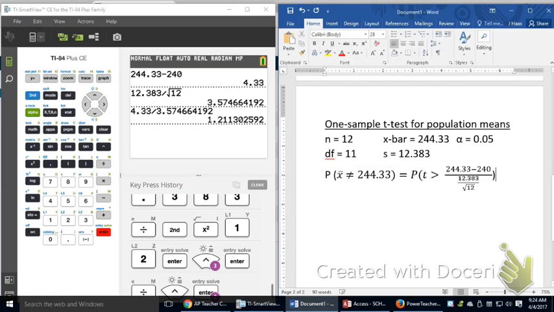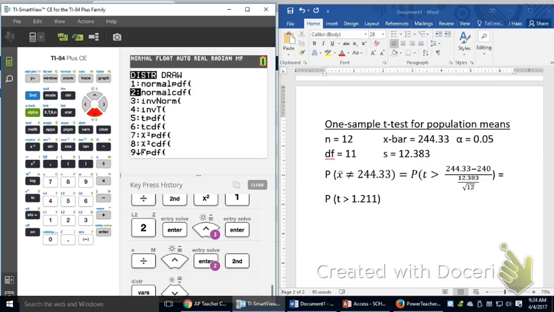So that basically is going to equal the probability that t is greater than 1.211. Of course, this is with 11 degrees of freedom. So to get the appropriate p-value, I'm now going to go to second distribution. I have a test statistic.